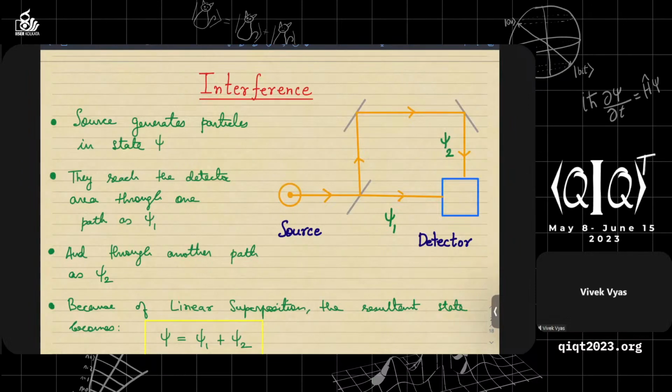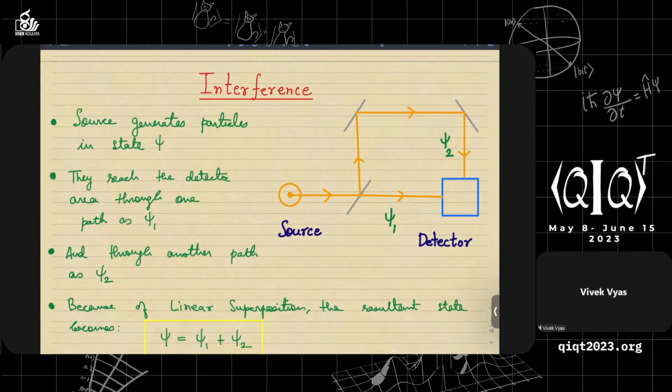For light, it can be a fixed polarization state at a fixed wavelength, like in a laser. So we know all the relevant quantum numbers and exactly what that state is. If you repeat this experiment many times, you always get the particle in the same state psi coming out of the source.